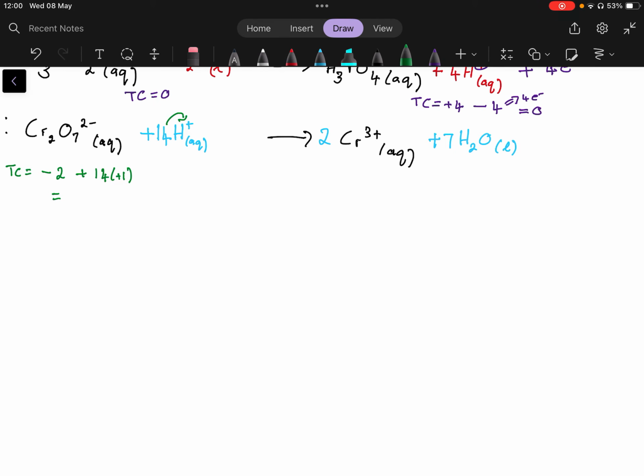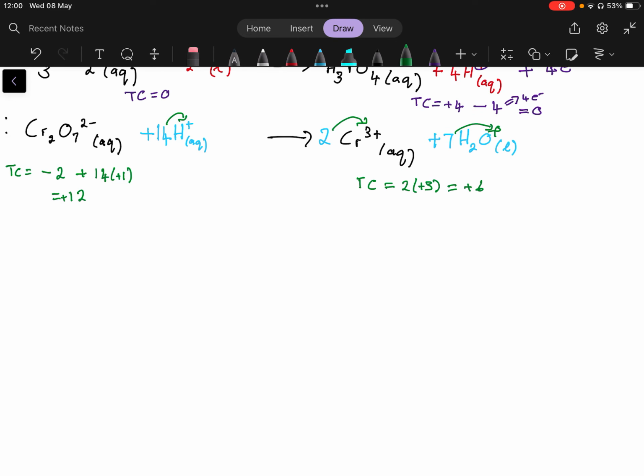And that gives us a current total charge of +12. What is our total charge here on the right-hand side? Well, it is 2 times +3, and 7 times 0, because this is a molecular species, so it doesn't carry a charge. So our total charge here at the moment is +6.